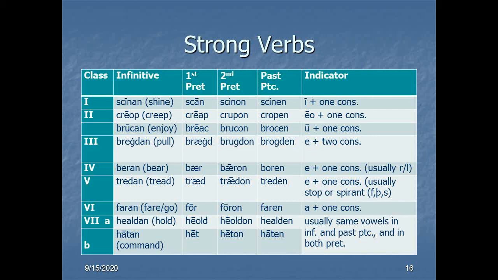We obviously don't keep this. If I say we krupon, we crept. In the past participle, it's a different vowel still, kropen. So we have, across the 4 principal parts, 4 distinct vowels. And the indicator here is a root vowel of the diphthong eo, followed by one consonant.